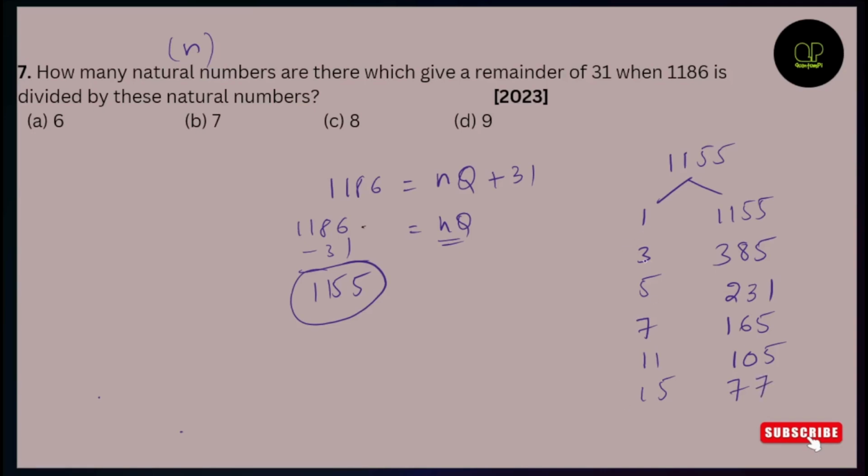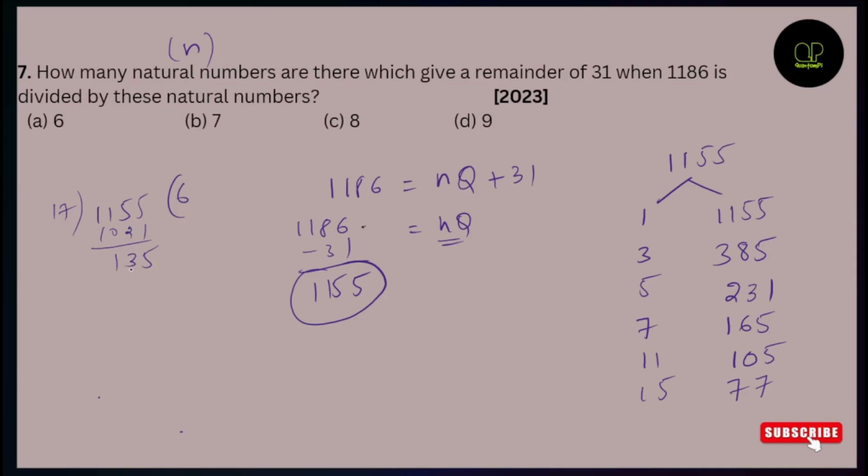Does it go with 16? Doesn't go, because it's not going with 2 and 4. 17, let us check if it goes with 17. Sometimes we have to try doing it. 17 fives are 85, 17 sixes are 102. 17 tens is 170.